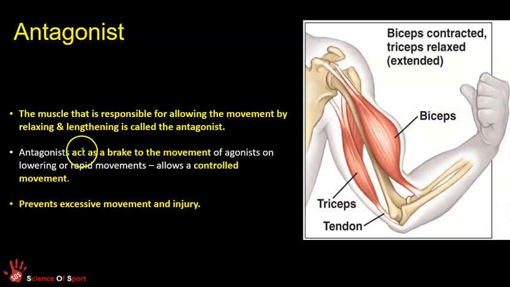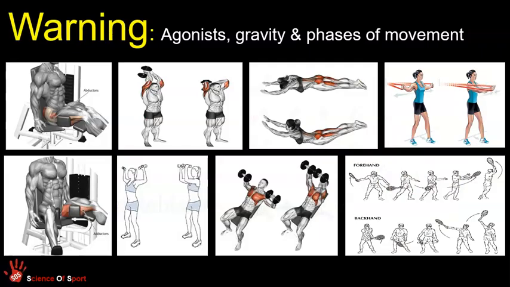In other examples, you could consider it to be acting as a brake, again, a sort of controlling movement, but that comes a little bit more with other examples. Ultimately, the antagonist tries to prevent random, fast, excessive movements and injury, so it controls and lengthens and relaxes to assist, to help.